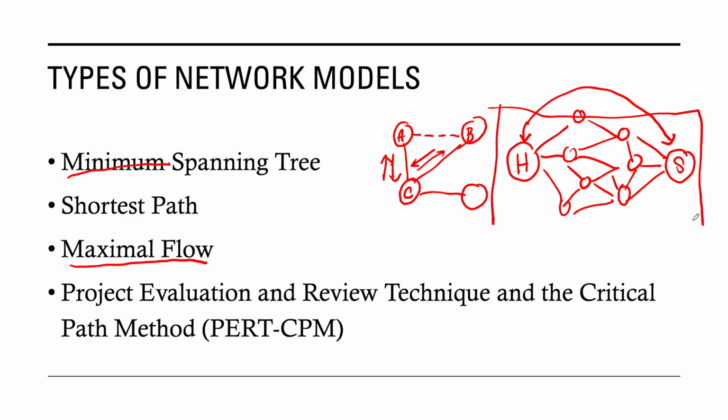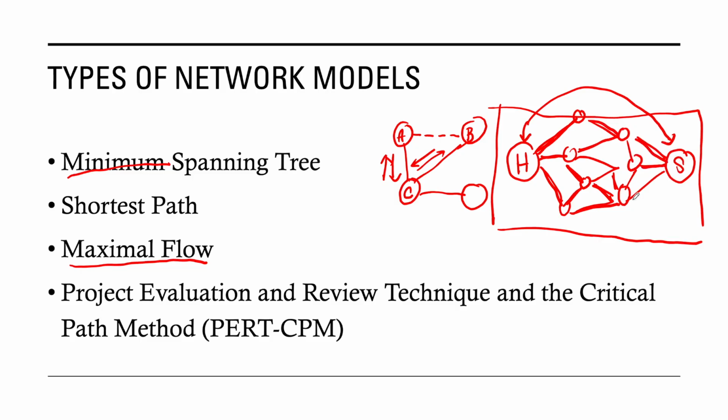Let us say these nodes are connection points, and these roads are pipes, water pipes, let's say, where water can flow through or between two intersections or two connections.